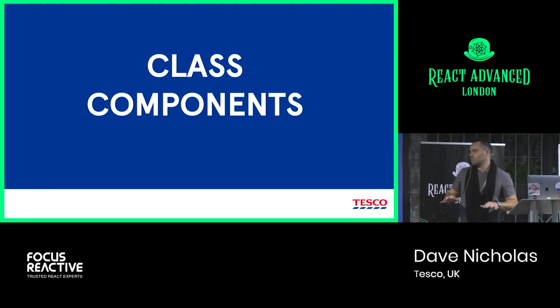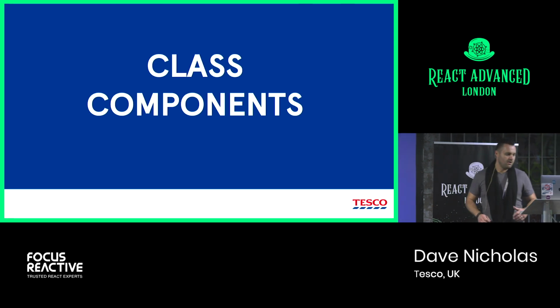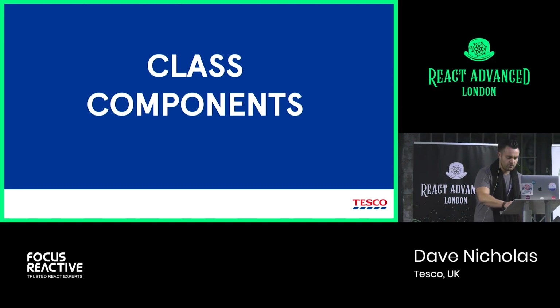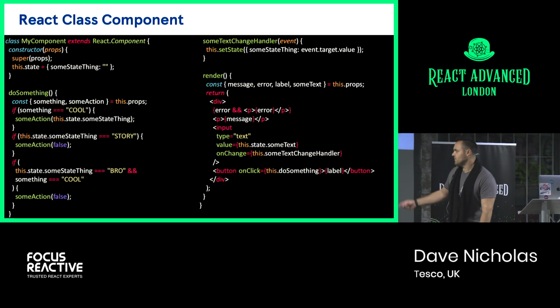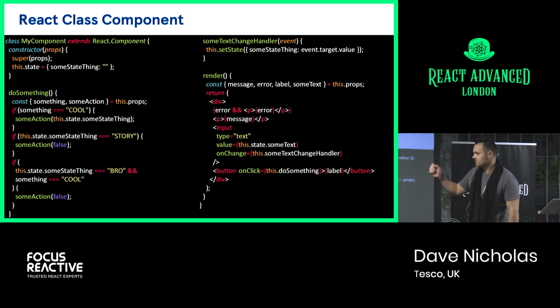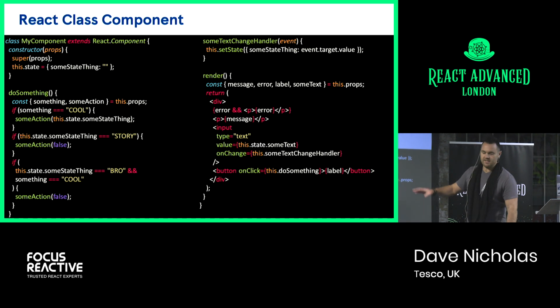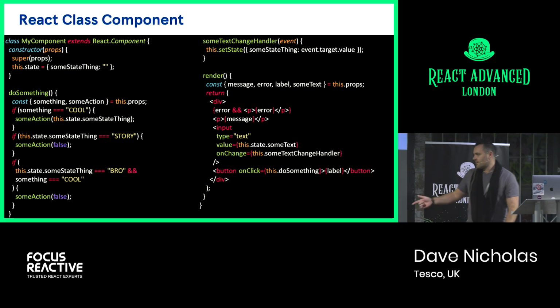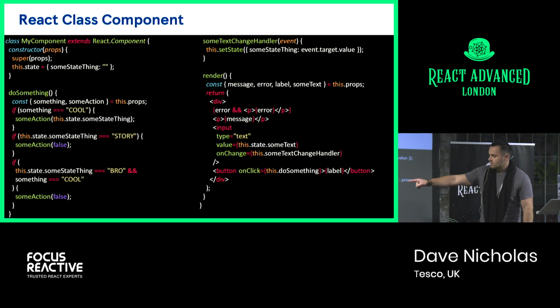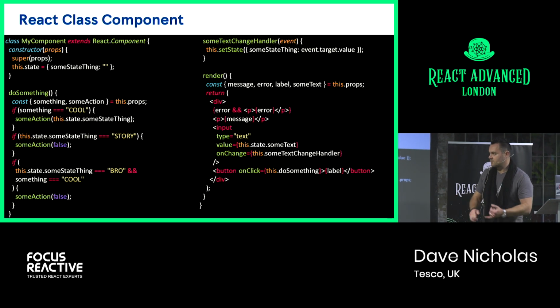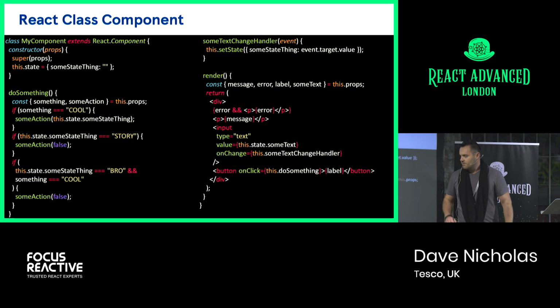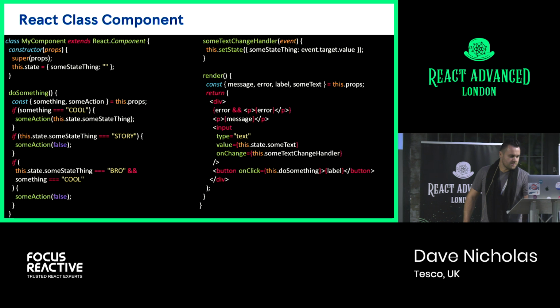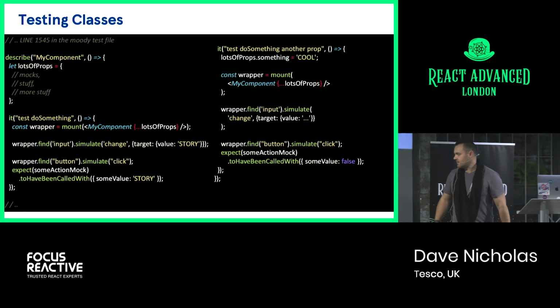And I'm going to talk about some of the refactoring work that we've been doing with our class components into functional ones. Typical class components have a render method, some event handlers, some business logic, state, things like this. Interesting things to note, the business logic has concerns of props and state and things outside of its method and outside of its scope, which make this very difficult for testing.